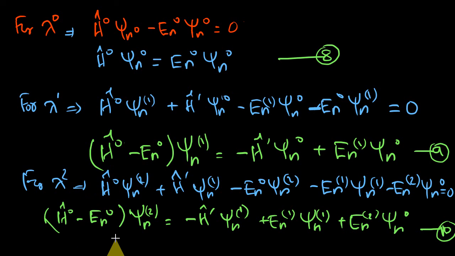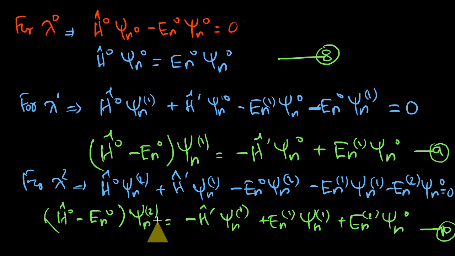Now if you are going for the next equation, equation number 10, then you can get the expression for psi n2 and en2, and this will be in terms of psi n1 and en1, or psi n0 and en0.